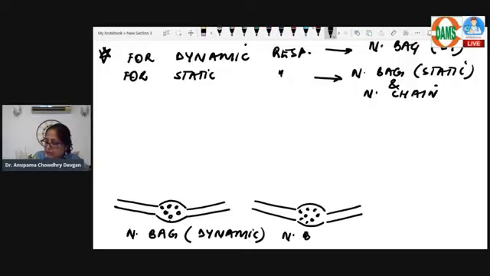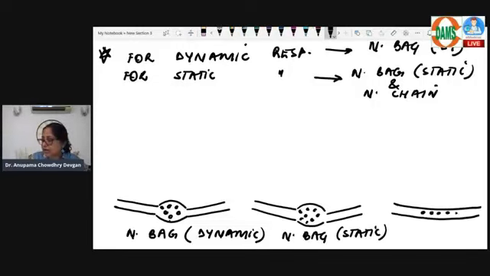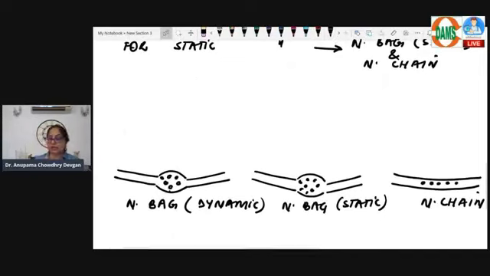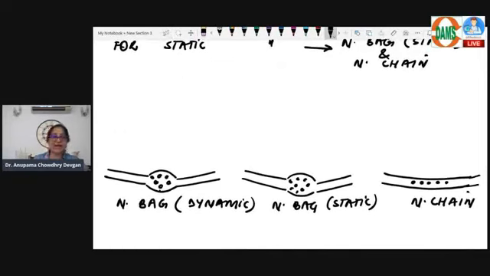This is nuclear bag static. And this is the nuclear chain. Let's see what are the sensory fibers and what are the motor fibers to these different intrafusal muscle fibers.